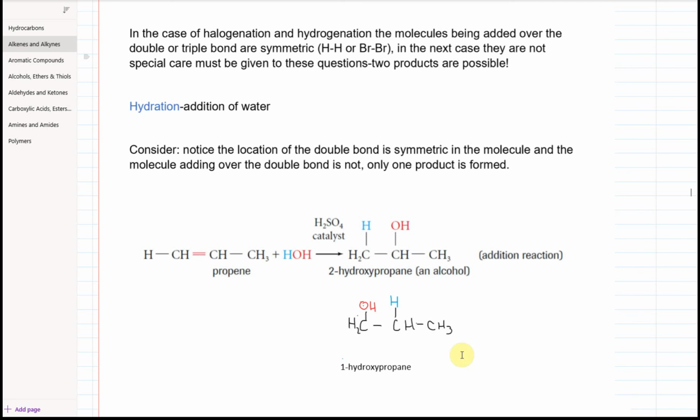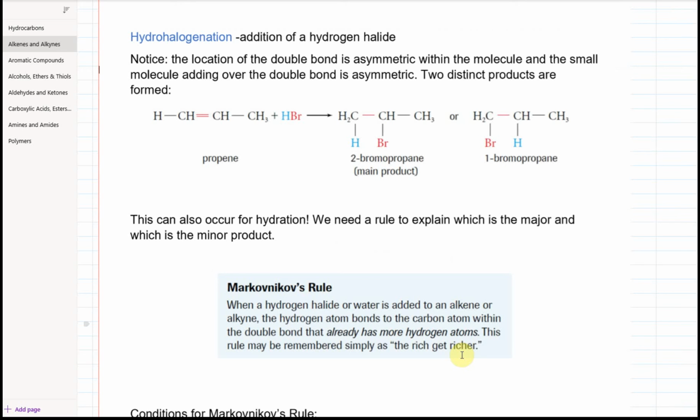So let's have a look at hydrohalogenation. Hydro meaning hydrogen, halogen meaning a halide. So here, again, if we start off with propene, notice that the 1 is not included. It's assumed to be on 1. And it reacts with hydrogen bromide. So this is asymmetric, and the position of the double bond is asymmetric. If I drew a line vertically here, you would see that what's on the left-hand side and the right-hand side is different.